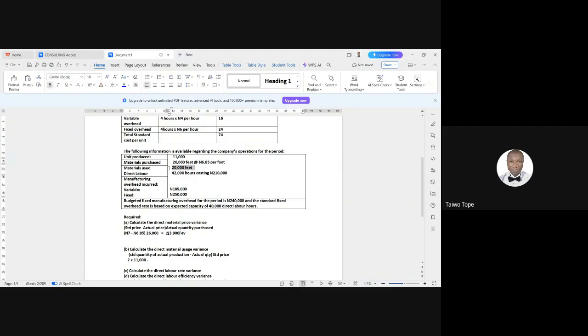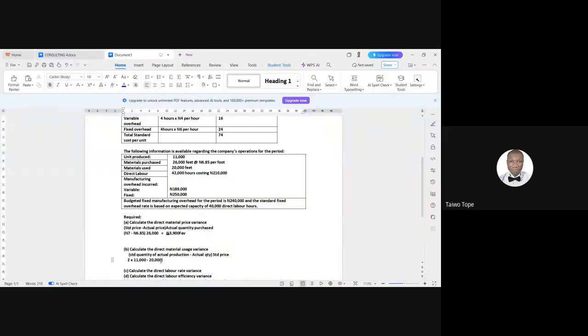Actual quantity used is different from purchase. I explained this in that class likewise. Actual quantity used is what results in the units produced. So used in terms of quantity is 20,000 units.